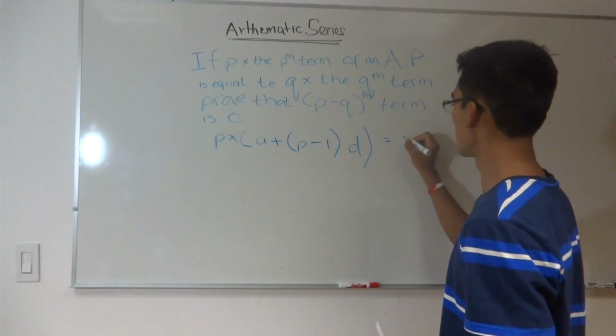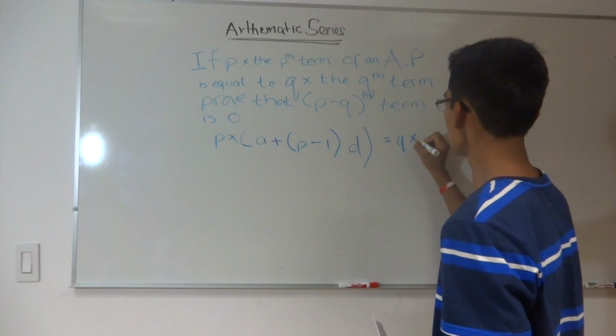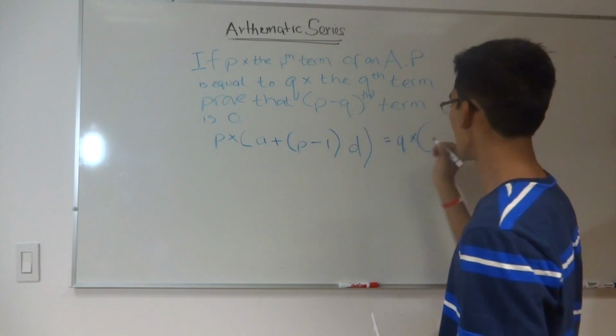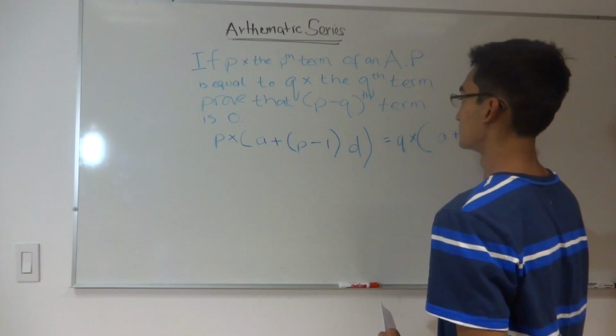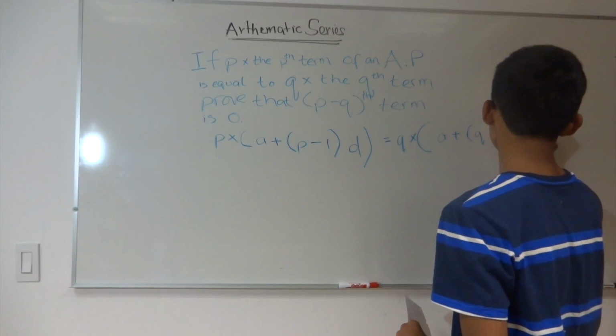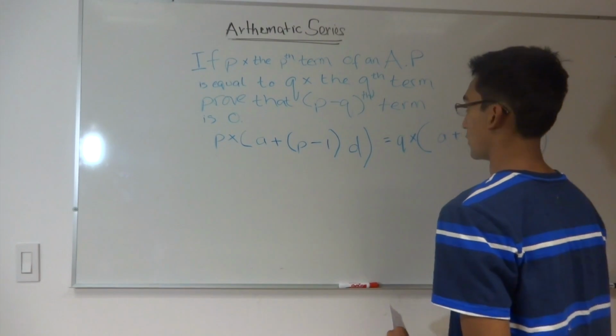Now, same thing with q times the qth term, a plus (q minus 1) times d.